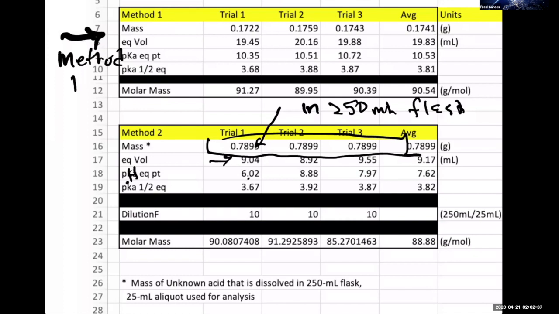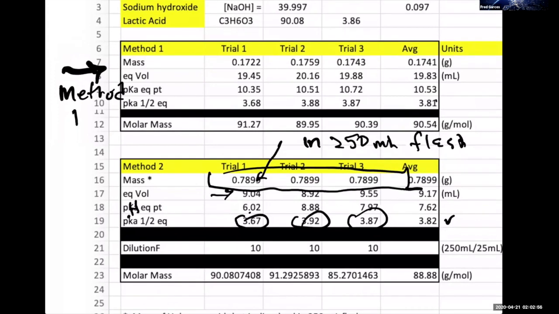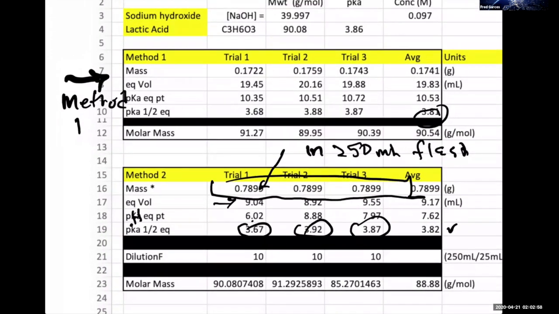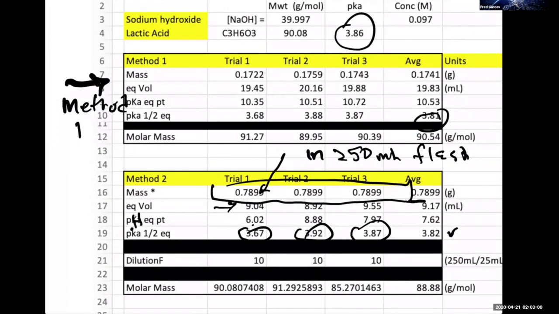But when I do the analysis, that is, I titrate it to the endpoint and then I put 25 mL back, I get this as my pH reading. Okay, so again, I take the average and I get that. And you can see that that number should be close to that number, which is close to that number. They should agree with each other.